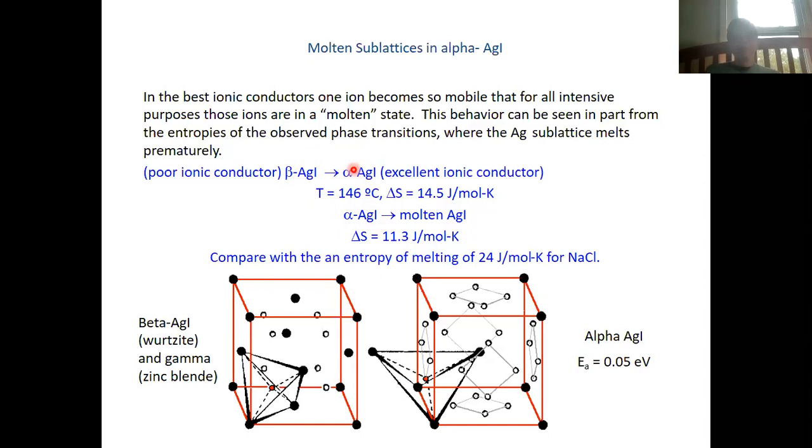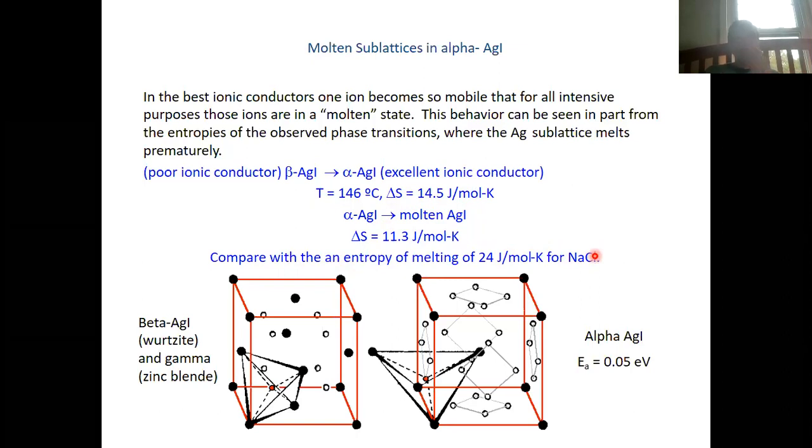And then at higher temperatures, when we fully melt, we also melt the other sublattice, and that's associated with comparable entropy increases. You can also see that the sum of these two is similar to the entropy of melting of 1 mole of sodium chloride, which has the same crystal structure.